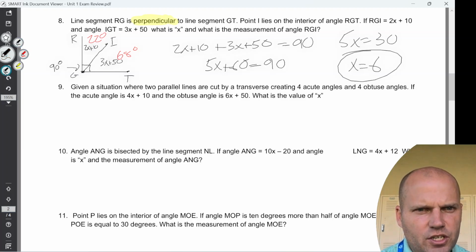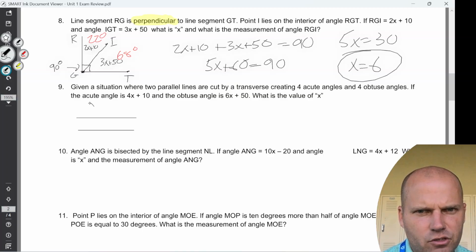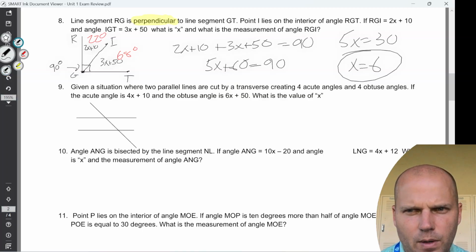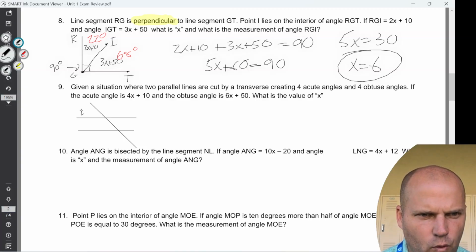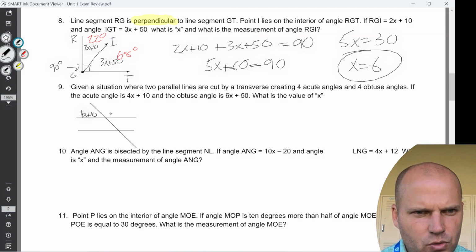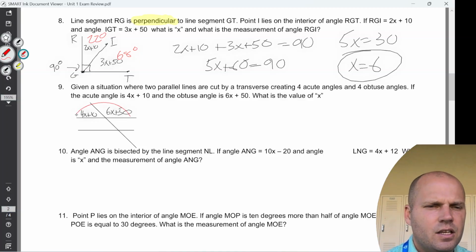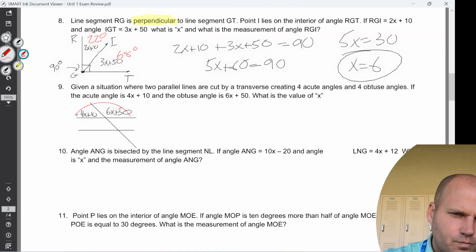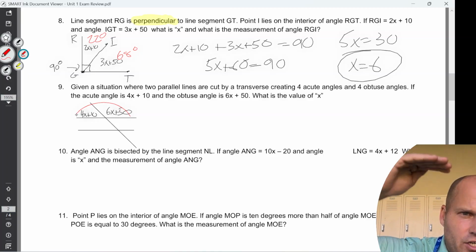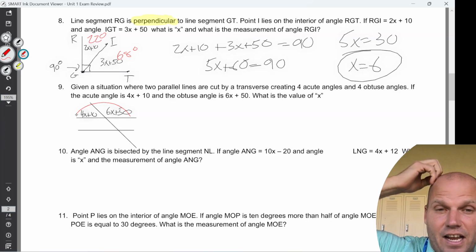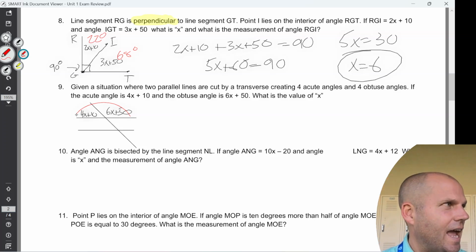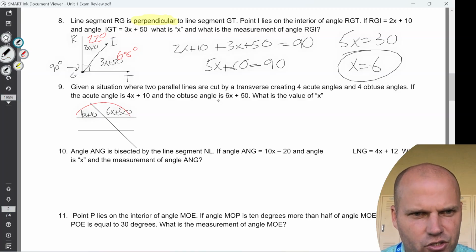All right, given a situation where two parallel lines are cut by a transversal, creating 4 acute and 4 obtuse angles, if the acute angle is 4x plus 10 and the obtuse angle is 6x plus 50, what is the value for x? Well, the key to this question is understanding that in this situation, the acute and the obtuse angle are supplementary, or they add up to 180 because they lie on a straight line.